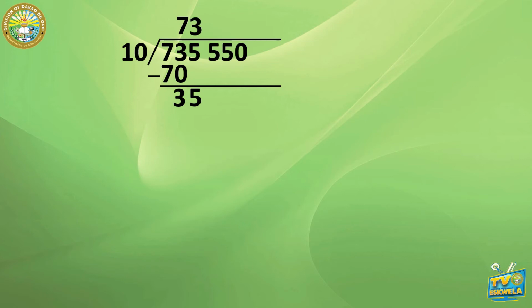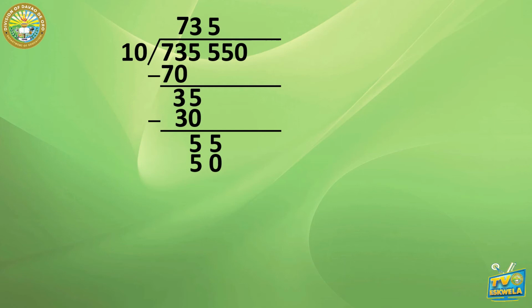Bring down 5. And we have 35. 35 divided by 10 is 3. 3 times 10 is 30. 35 minus 30 equals 5. Bring down 5.